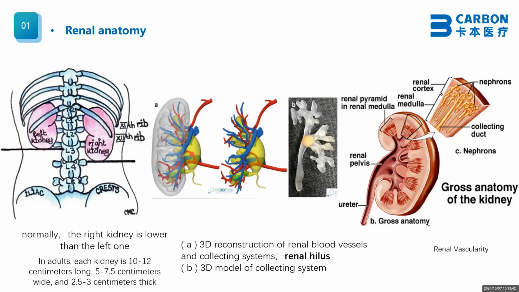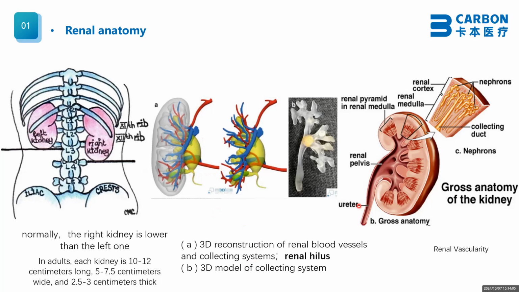And then for this kidney we can also see the kidney pelvis is a little bit large, extended, because there is a stenosis, or we can say a narrow ureteropelvic junction.